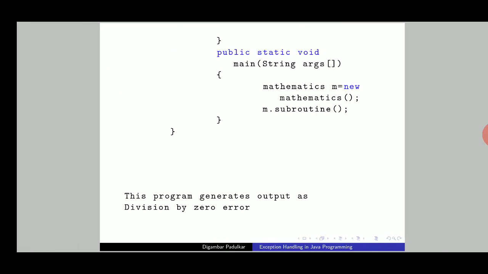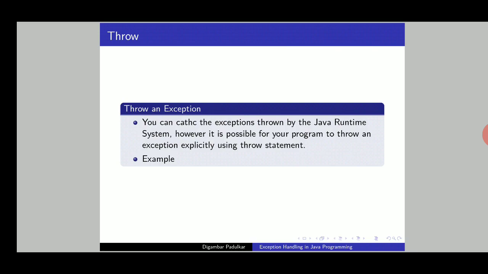Now, similar to try and catch, basically try and catch are the fundamental exceptions handled by our system. Now throws are not throws, but throw is one more way to handle the exceptions.